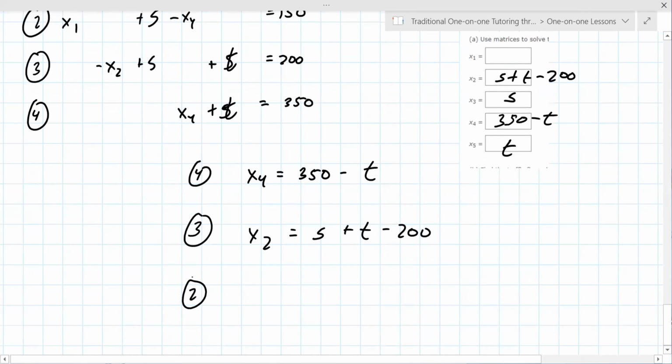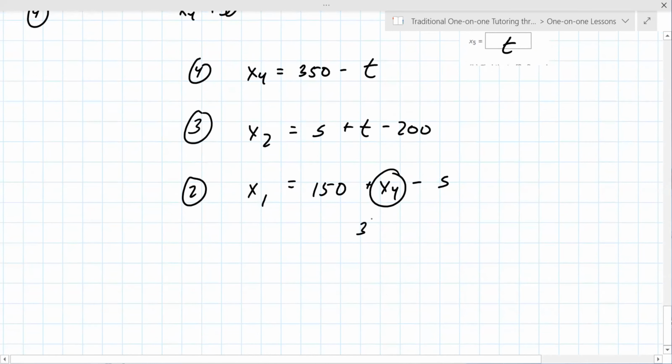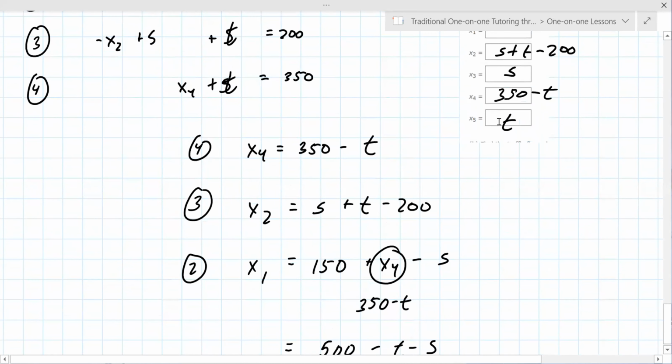Number 2, X1 equals 150 plus X4 minus s. We can't have X4. X4 is 350 minus t. So this becomes 500 minus t minus s. And that's what goes in this position here.